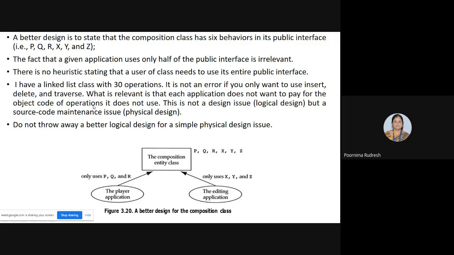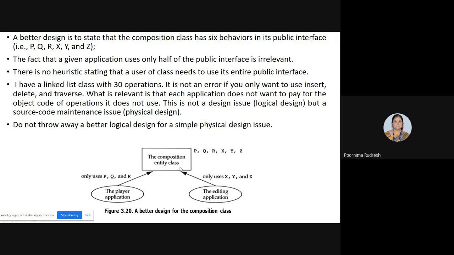Suppose, as in the example, a linked list consisting of 30 operations, and out of those only 3 or 4 are used, then you do not want to pay for all the operations that you are not using. You want to pay only for the operations that you are using. Clear? And this is not a design issue, but a source code maintenance issue.